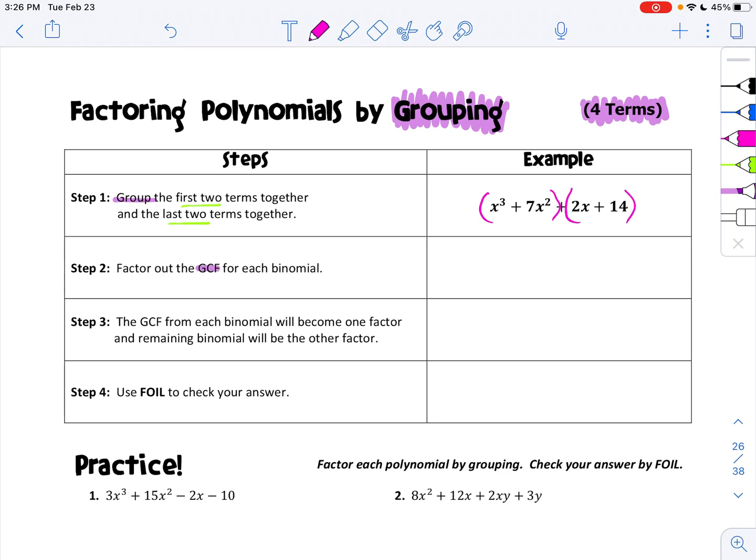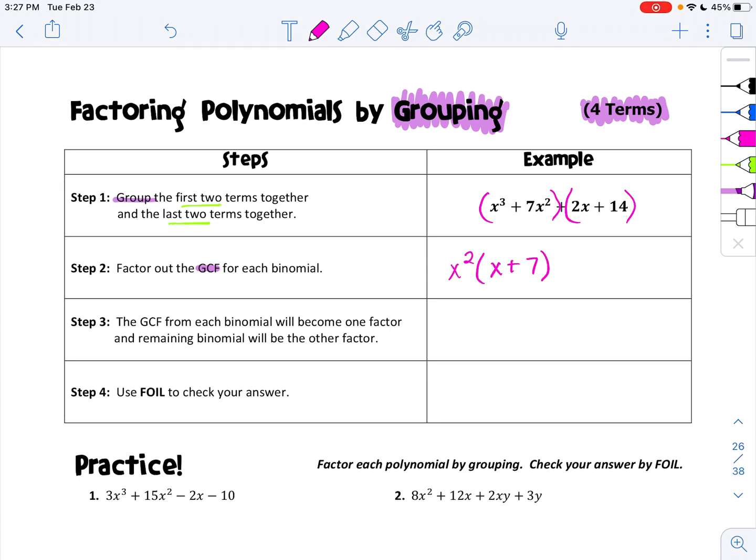So when we take a look at the example to the right and take a look at our first group, our GCF would be x squared. Remember, when finding the GCF of your variables, the variable has to be in both terms, and you take the smallest exponent. What we have left is x plus 7.